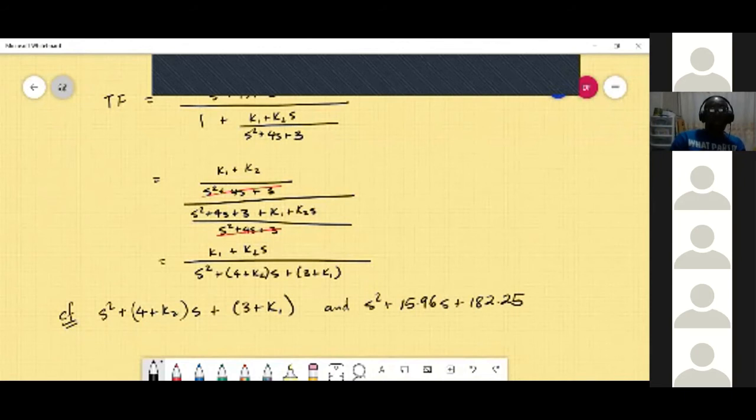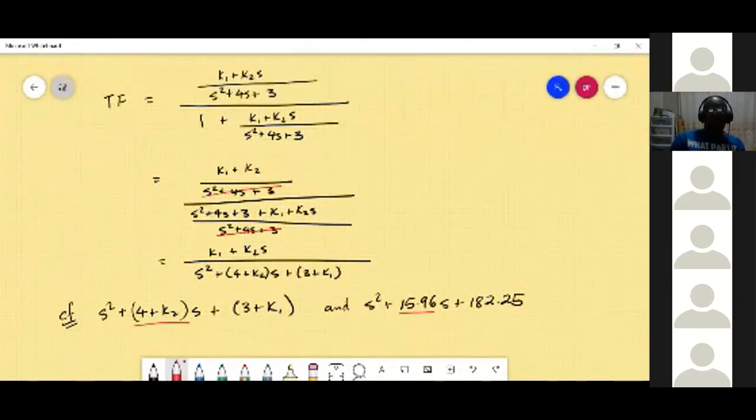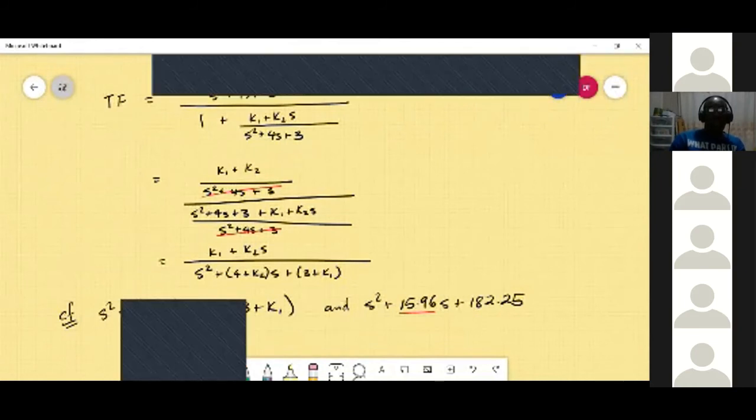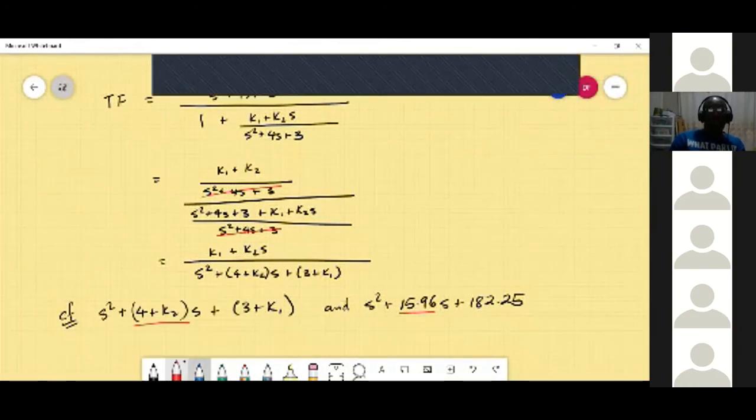So what we want you to see now is that we're going to compare the 4 plus K2 with the 15.96 and the 3 plus K1 with the 182.25.